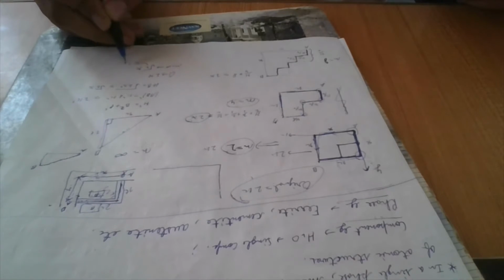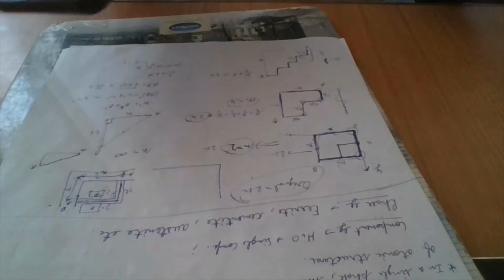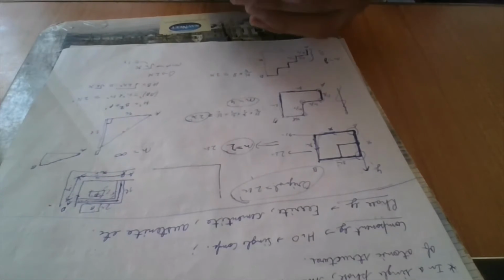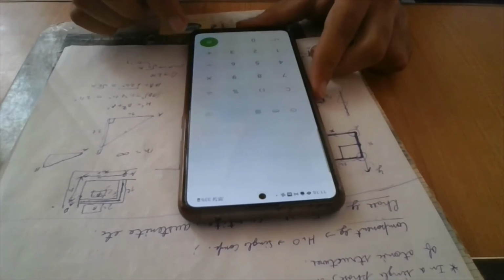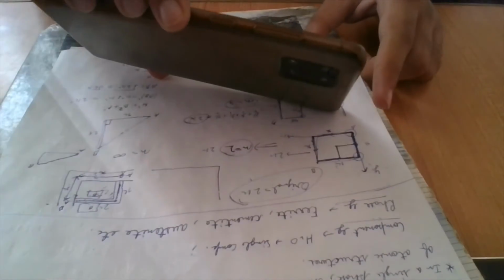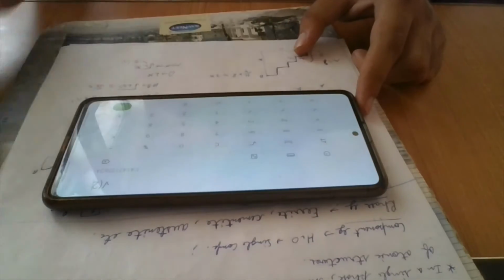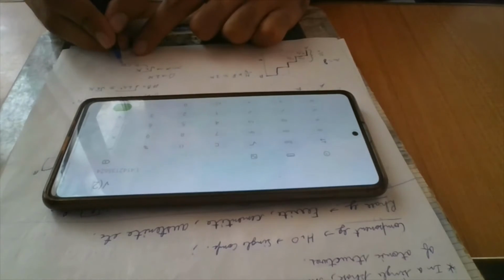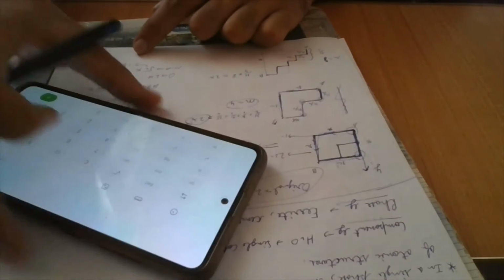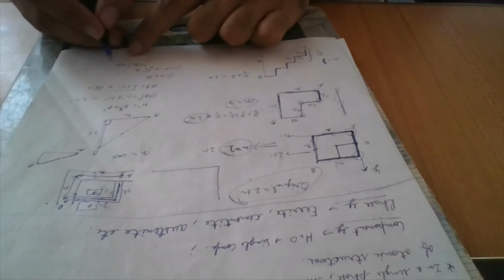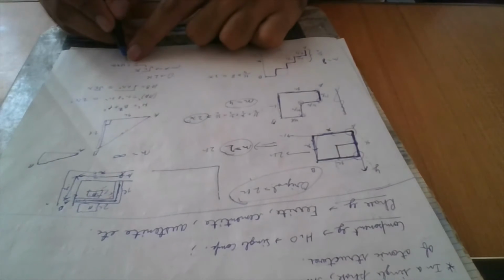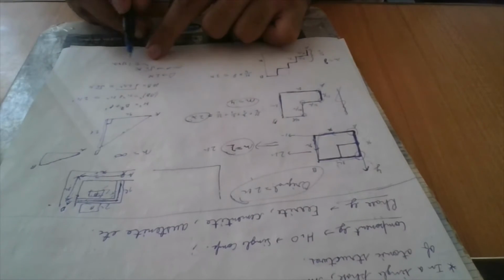Let me just check the exact value of root 2. Let's take root 2 as 1.414. That would be sufficient for us. Originally it was 2x, now it is 1.414x, which is definitely smaller than 2x.